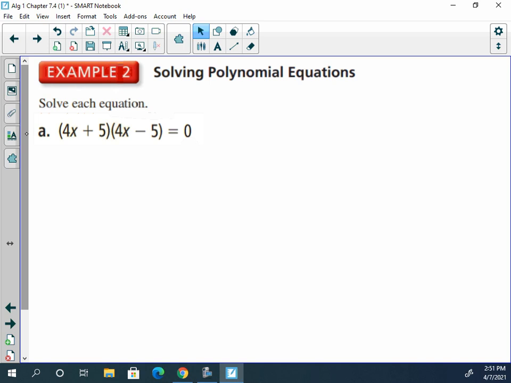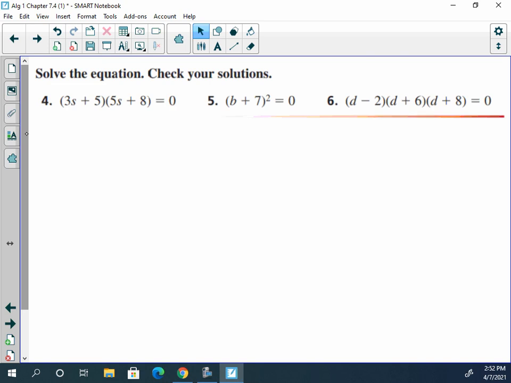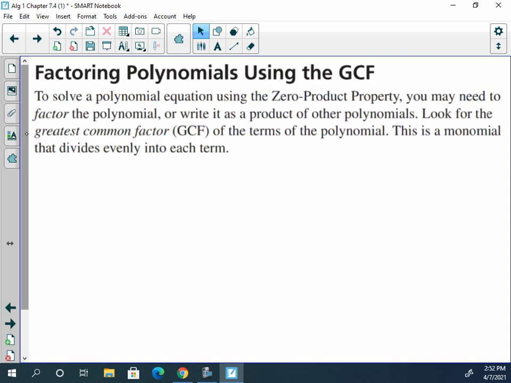Any questions on any of these? Would we like to see this one worked, or are we comfortable with these? Do we feel good with these? Yes? Okay. I don't think any of these are really adding anything huge to what y'all already know. Y'all feel comfortable with solving these? Okay.